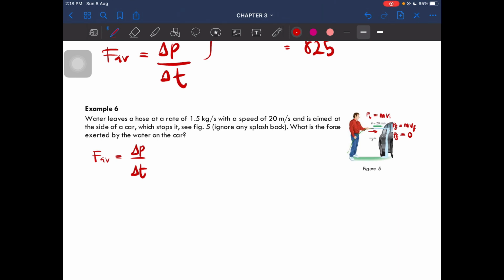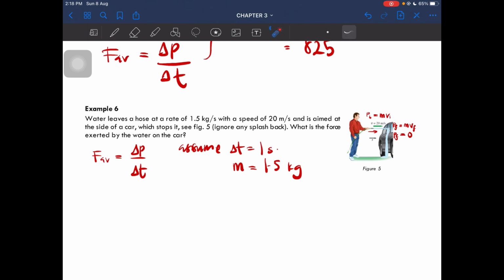So we can assume delta t to be equal to 1 second. So every 1 second there would be 1.5 kilogram of water leaving the horse. Okay, and then we also have the speed.